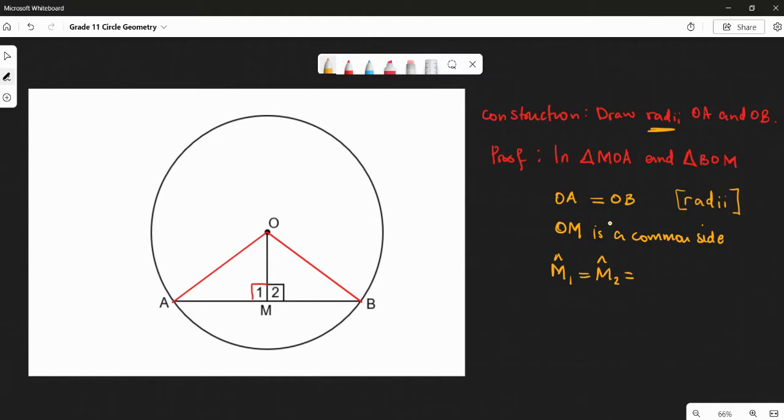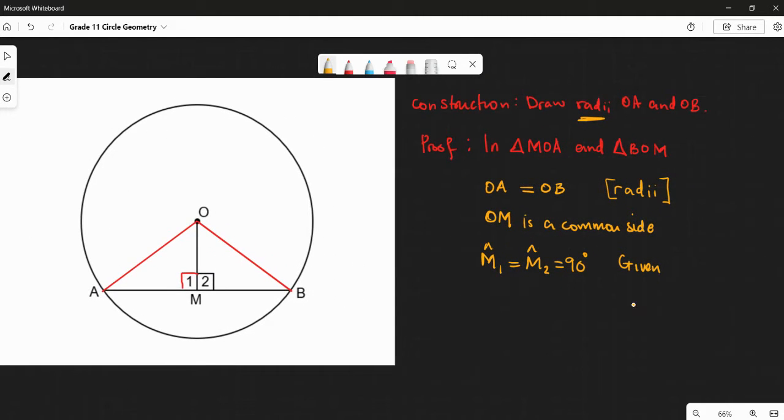Both of these angles are equal to 90 degrees. This is given information. We are given that OM is perpendicular to what? To AB. We are given. This is given information. All right.